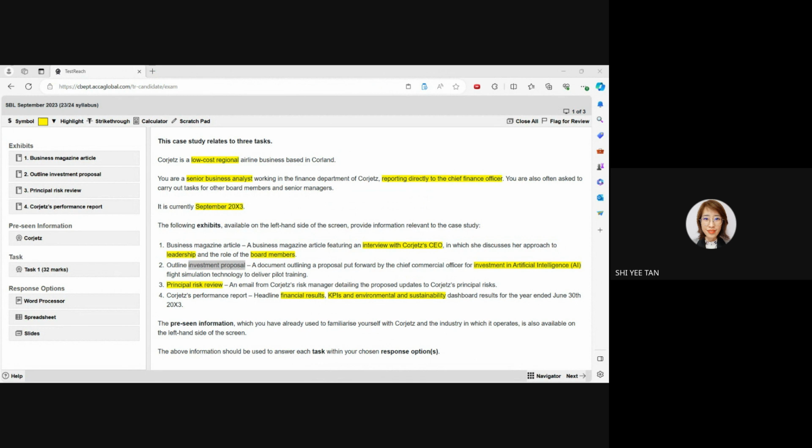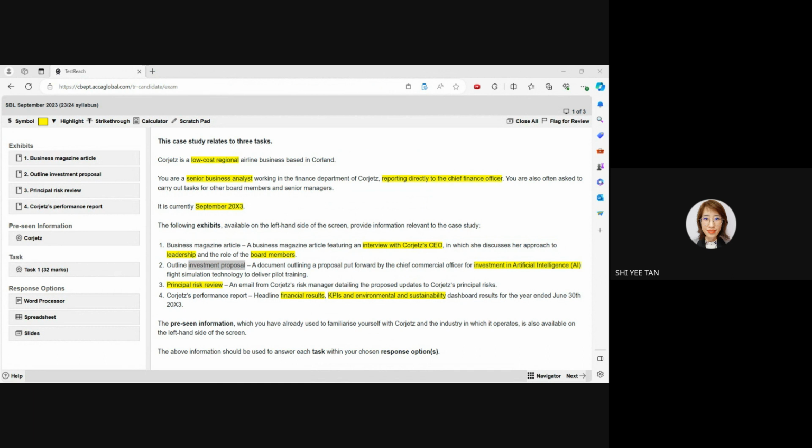Now, Corjetz performance report. Performance report means again figures. You will see headline financial result, figures, KPIs. Remember in our pre-seen material we have KPIs. This is where you use it.